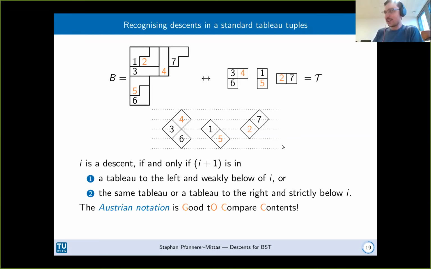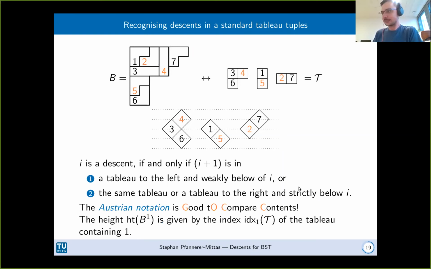Okay, but now let's proceed. So Austrian notation is good for descents. And one thing that we need to be aware of is that we need to figure out the height. This was the second ingredient of our statistic: the height of the strip containing 1.